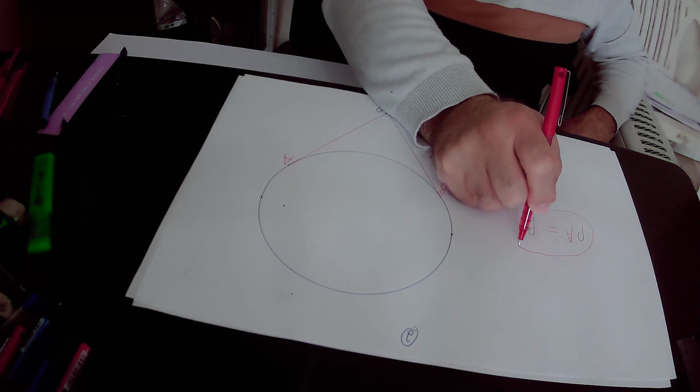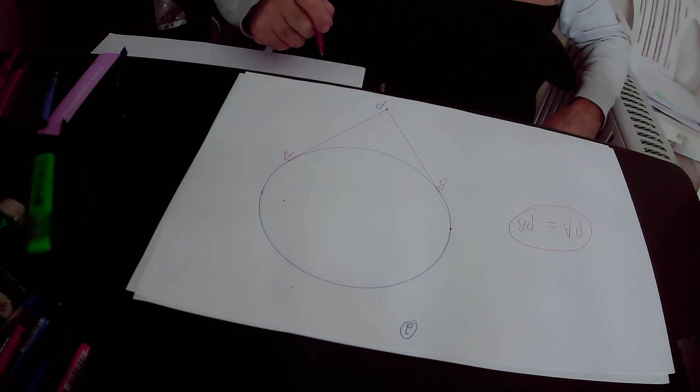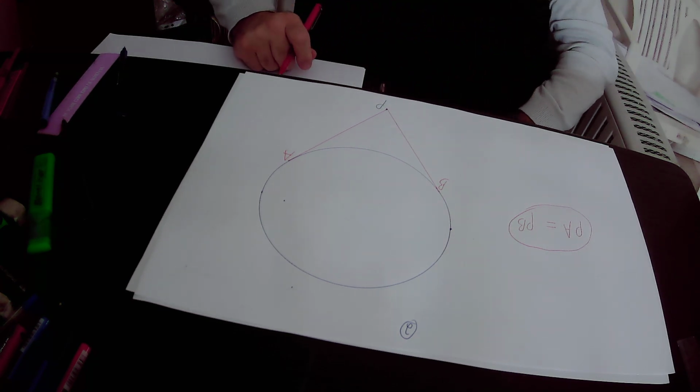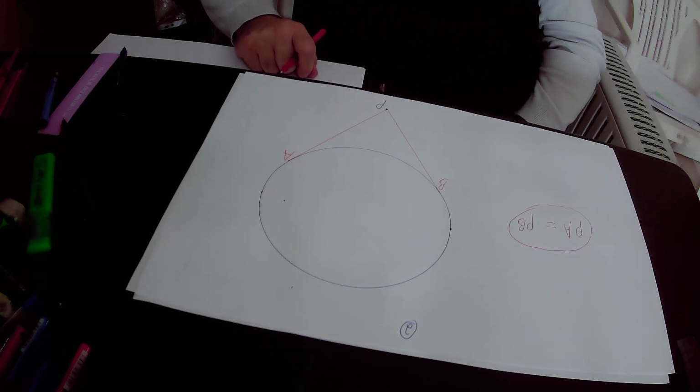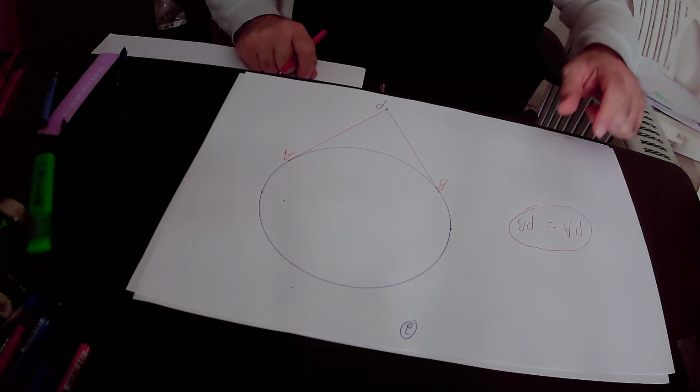That is actually rule number 1 of two tangents theorem. Okay, so whenever you draw two tangents from a common external point to a circle, then the lengths of those two tangents will be equal to each other.